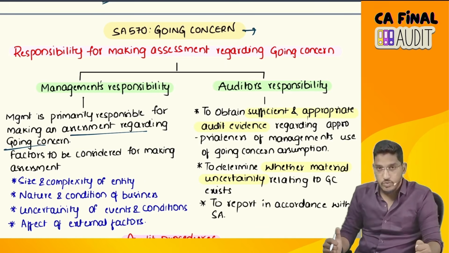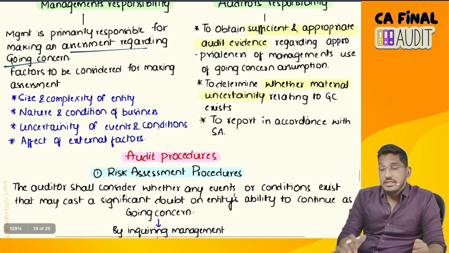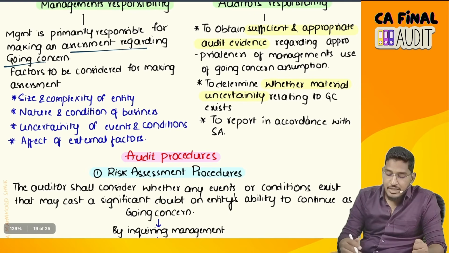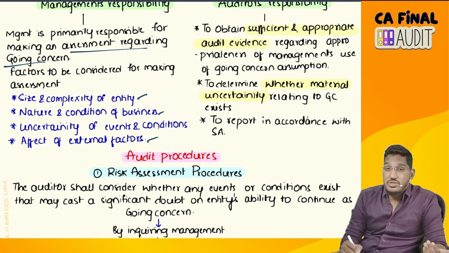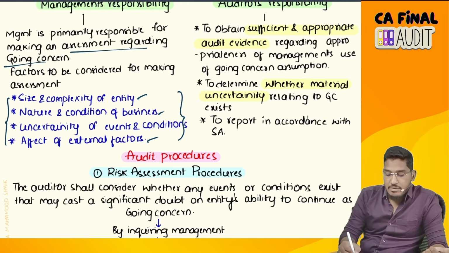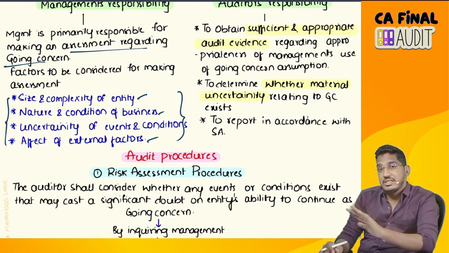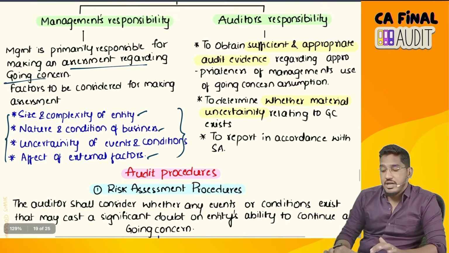No. When the management is making an assessment regarding their ability to continue as a going concern, they will keep various factors in mind. They will consider the size and complexity of the entity, the nature and condition of the business, uncertainties like litigations and claims, and also external factors like changes in the laws and regulations. Then they will make a decision whether the entity's going concern is valid or not.